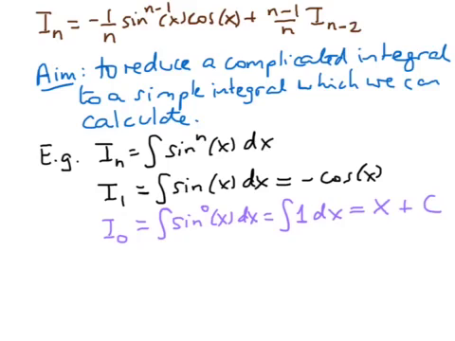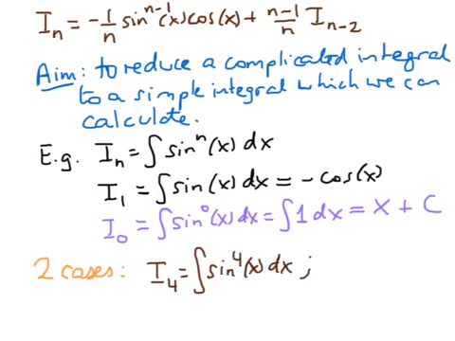So what I want to calculate in this video are the following two cases that I'm going to look at. The two cases are going to be, first of all, I4, in other words the integral of sine to the power of 4 of x with respect to x, and I'm also going to look at I5, which is the integral of sine to the power of 5 of x with respect to x.